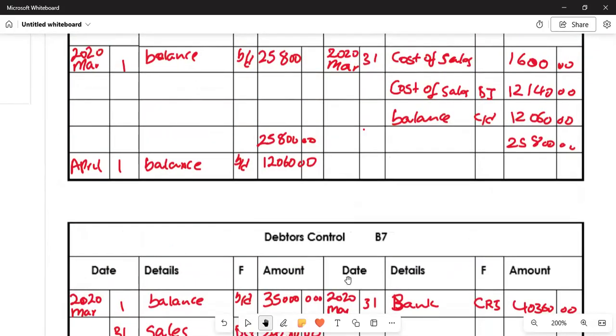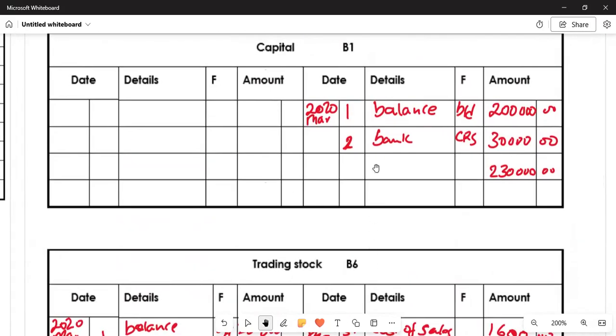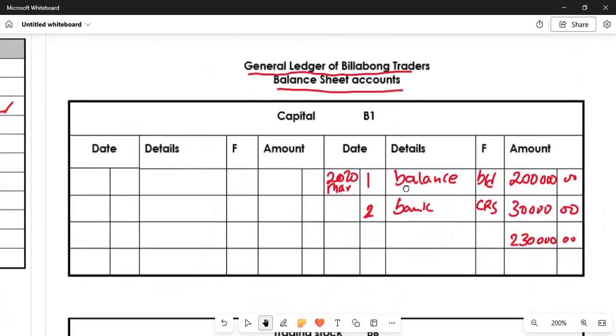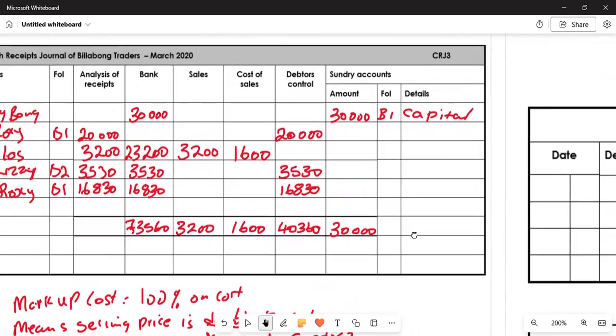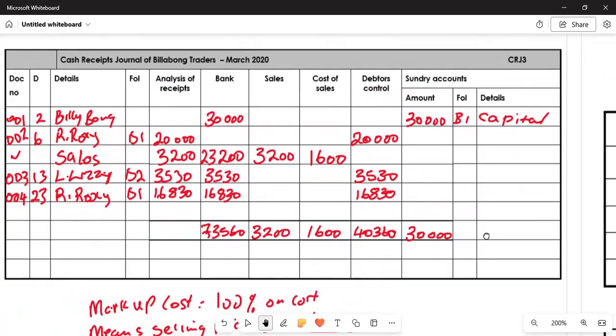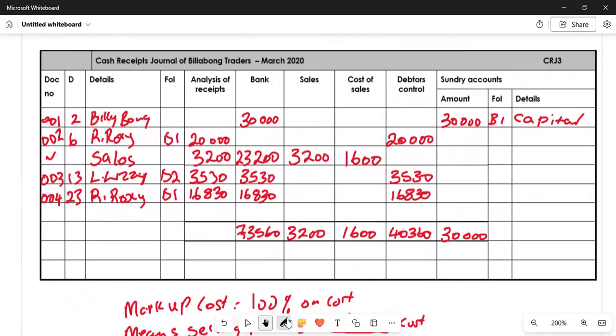If you can go to our cash receipt journal, we can still remember that this is the amount that we received. This is the amount that we received that is going to go into our bank. That is the amount that we received from debtors, not from the bank.